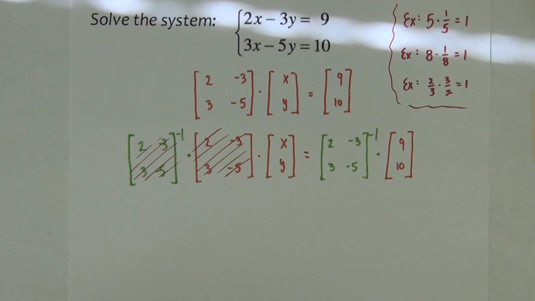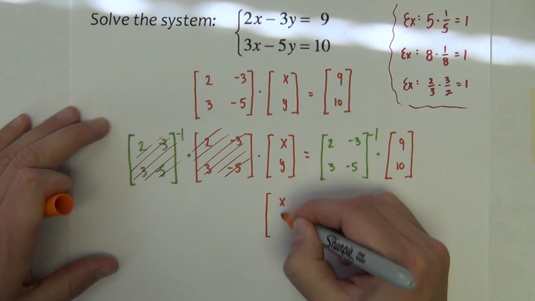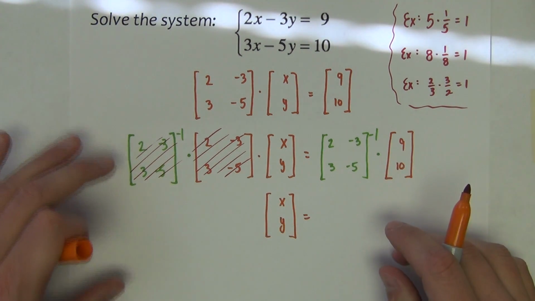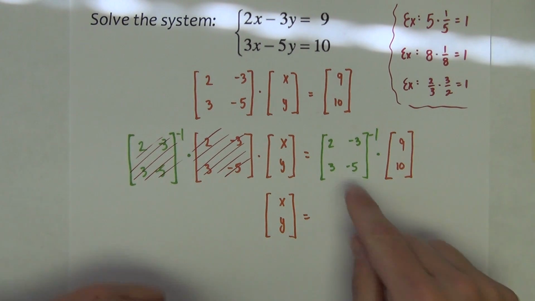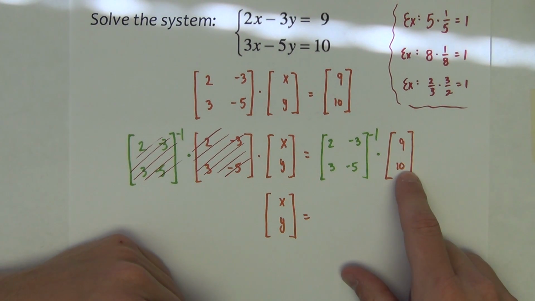It's just going to be the xy. So what I need to do is multiply this inverse matrix times this matrix here.